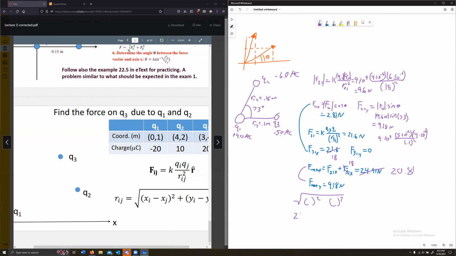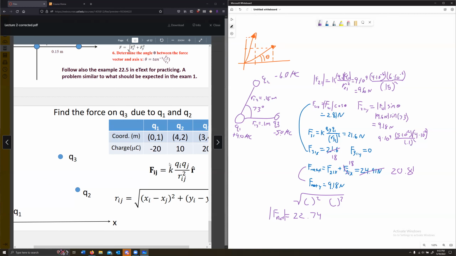Yeah. Okay. So this is literally writing 7.5. So in this instance, 22, depending on the sig figs, yeah. F net magnitude. Okay, that makes sense.